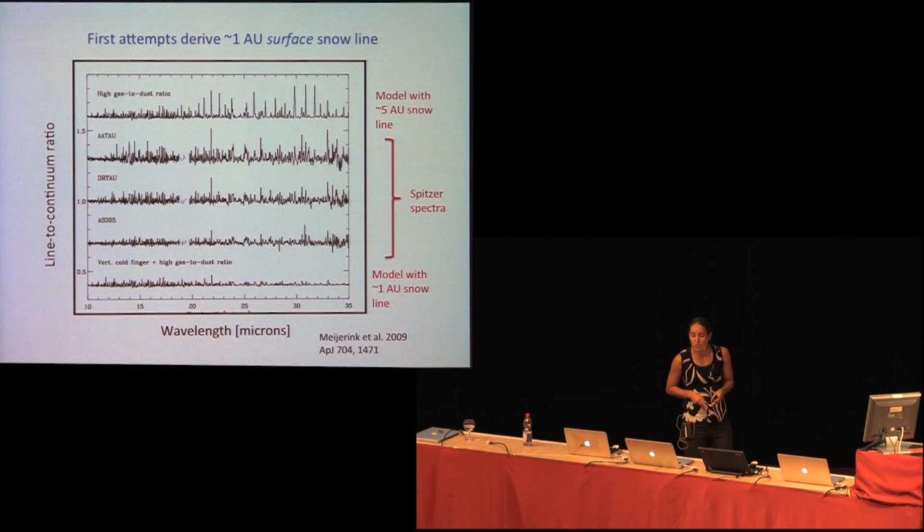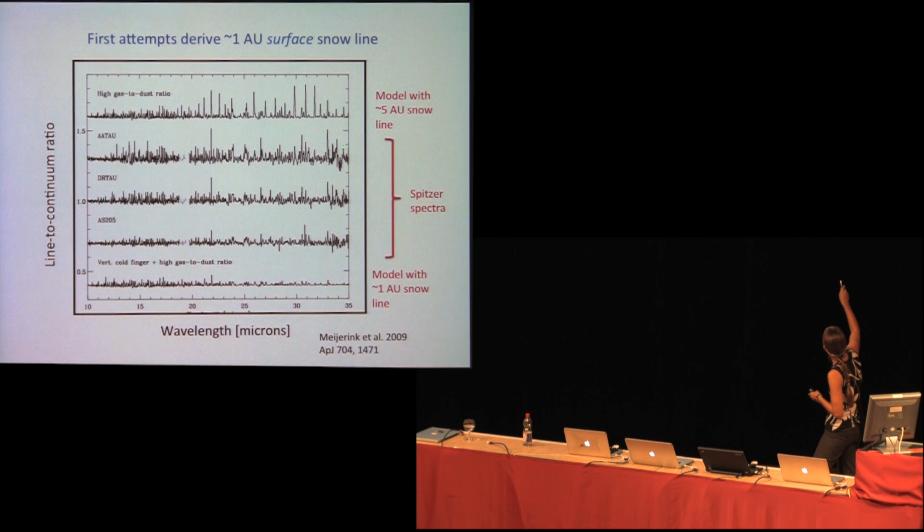Now, the first attempts to do this came from Meyerink et al. 2009. What you'll see here is they're comparing Spitzer IRS spectra with models where they've tried different values of the snow line. This, for example, has a 1 AU snow line. This has a 5 AU snow line.